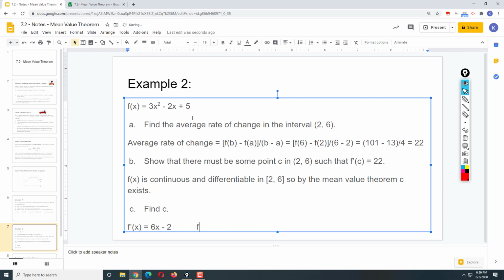Therefore, f prime of C must be equal to 6 times C minus 2, which is equal to 22. We know that from part B. When we solve the equation 6c minus 2 equals 22, we get 6c equals 24, so c equals 4. So the mean value theorem says c exists, and we just found that c equals 4.